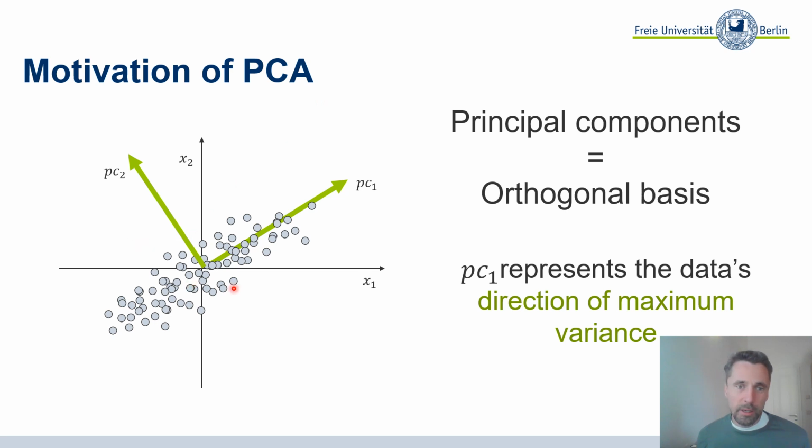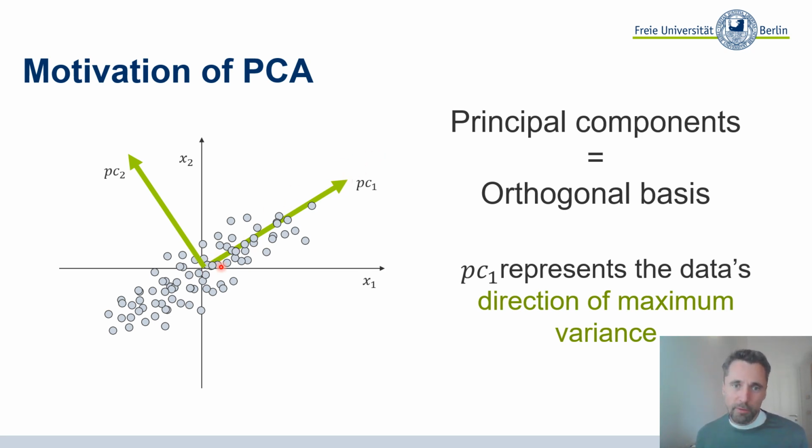And sometimes the remaining spread is also something that we still want to look at. So PCA will provide us with something that's called an orthogonal basis. So that's really just a set of vectors, and those vectors are orthogonal, yeah? Like the ones that we start with, x1 and x2, are directions in our space.